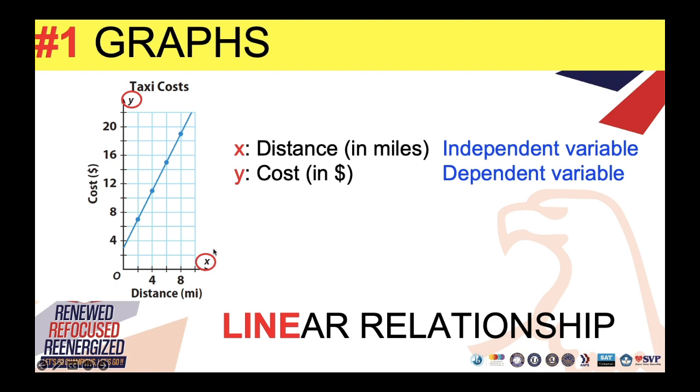Now, as standard, the x-axis is where the independent variable should be placed, and the y-axis is where the dependent variable should be placed. That is why we always represent the independent variable as our x and the dependent variable as our y. It should never change. All right? That's the standard that we follow in mathematics.